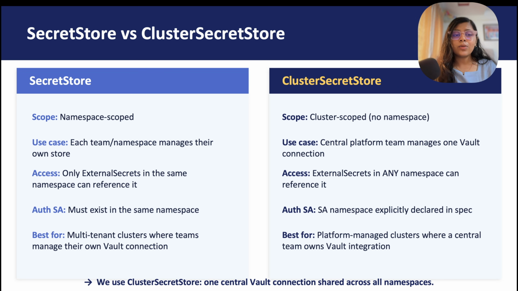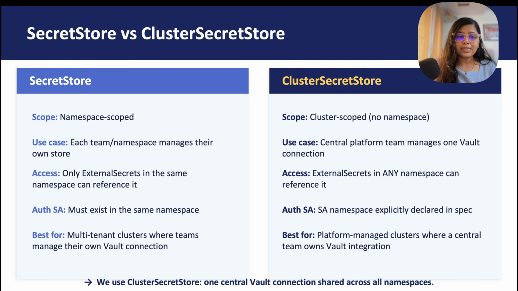Now let's try to understand what is the difference between SecretStore and ClusterSecretStore. I have already told you the scope of a SecretStore is namespace scoped, whereas the scope of the ClusterSecretStore is cluster scoped, which means this particular SecretStore is limited to a particular namespace, whereas this one is for the entire cluster.